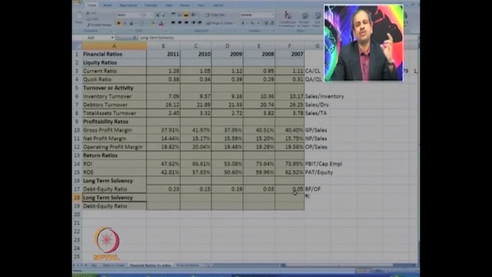Now, let us try to do some other type of ratios. So, what are the remaining types of ratios? Any other type of ratios you would like to do? Just try to remember what else is remaining. We can still evaluate how the company is operating by looking at the expenditure ratios of the company.